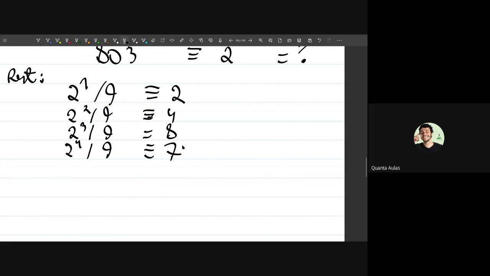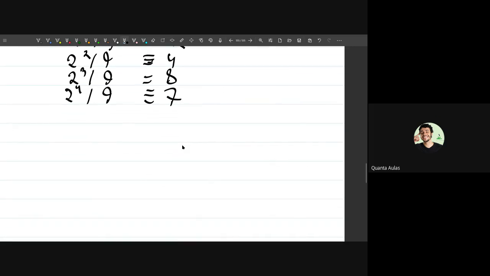So we need to find a pattern in these remainders, because we know remainders have a pattern. For example, if we divide by 4: 1 divided by 4, the remainder is 1. 2, the remainder is 2. 3, the remainder is 3. 4, the remainder is 0.